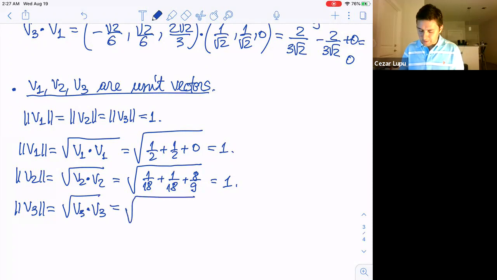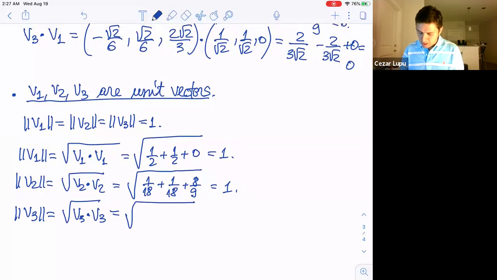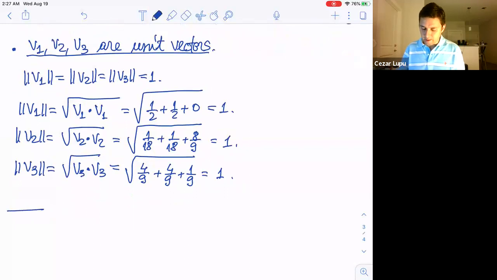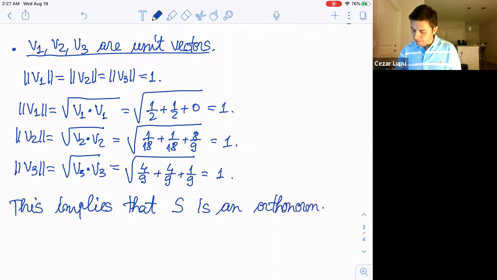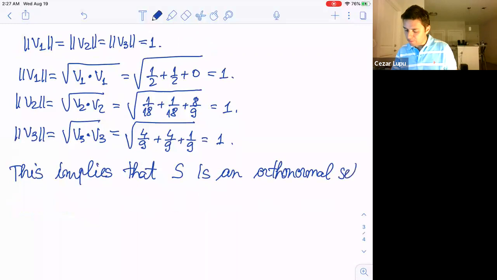And this again will be 4 over 9 plus 4 over 9 plus 1 over 9, which again will be 1. Therefore, this implies that S is an orthonormal set, which is exactly what we wanted to prove, right?